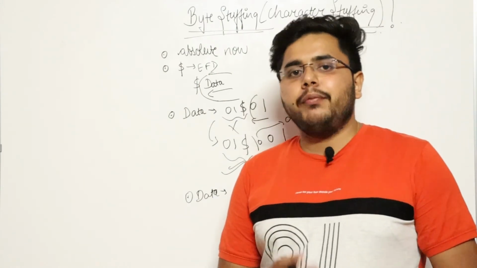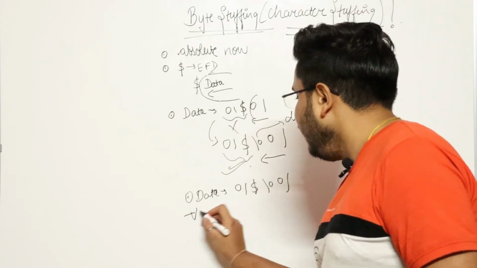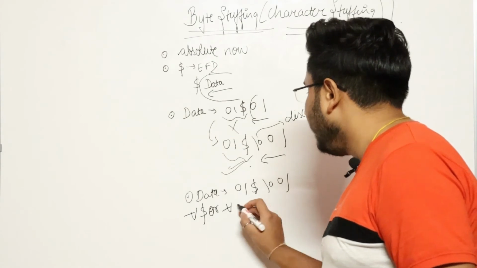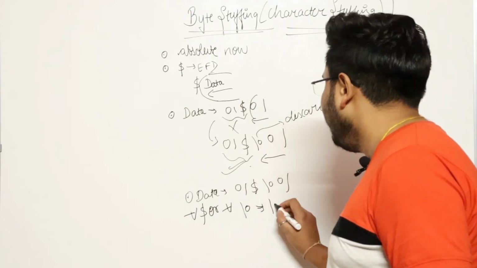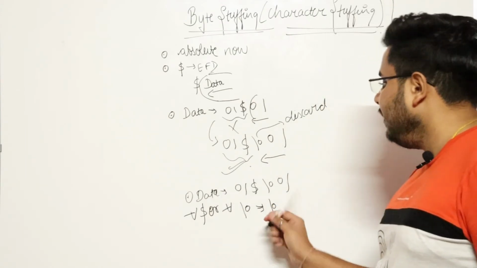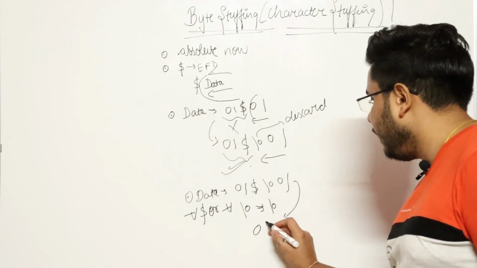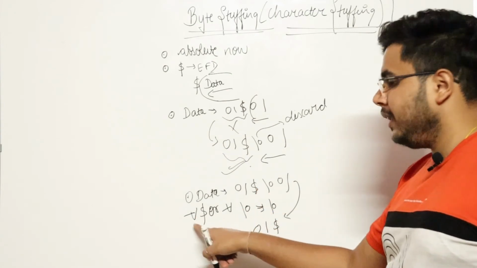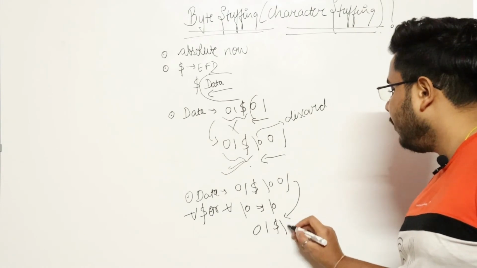So we made a universal rule: for all dollar or for all null, just add a null. Understand it carefully. Suppose this is our data; you modify it like 0 1 and dollar. For this dollar, as you can read here, for all dollar add null, so I add a null for it.